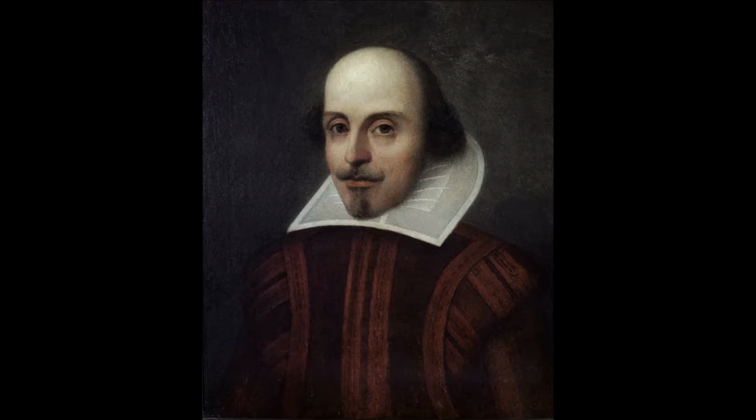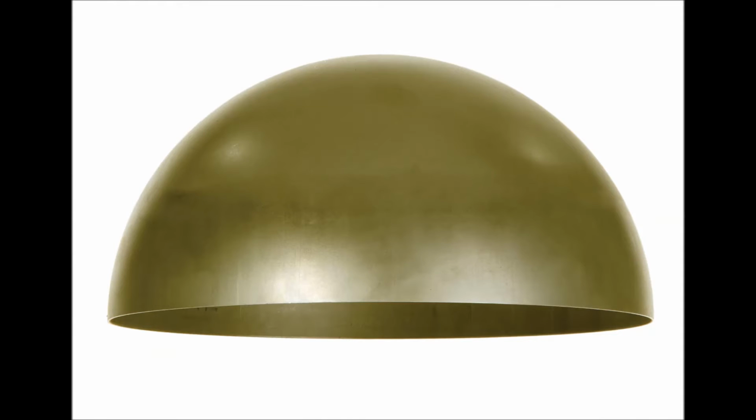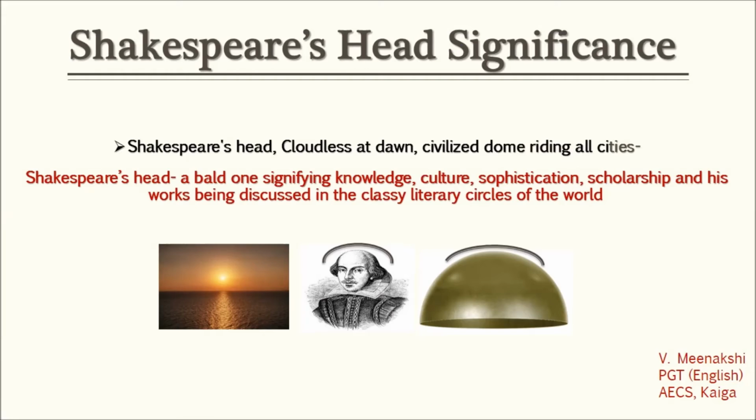So, Shakespeare's head, which is bald and smooth like a cloudless dawn and dome-like, is being discussed in civilized societies of the cities all over the world. A civilized dome is an extended metaphor and a metonymy for Shakespeare's works born out of his intellectual capacity.